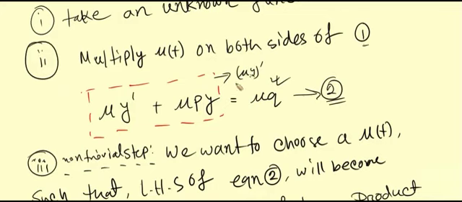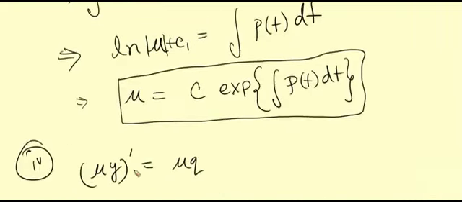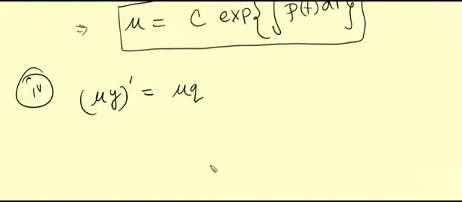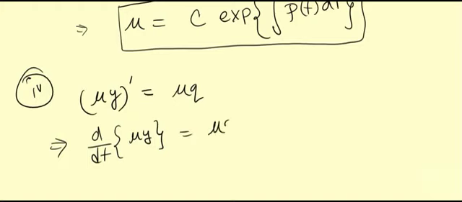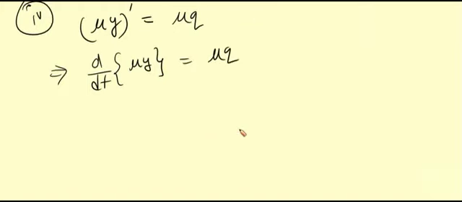This is the thing we demanded in step 3. So using this demand and equation 2, you can write mu y whole prime equals mu q. Now we just want to integrate on both sides, because d dt of mu y is equal to mu q. And now the trick is to integrate on both sides.